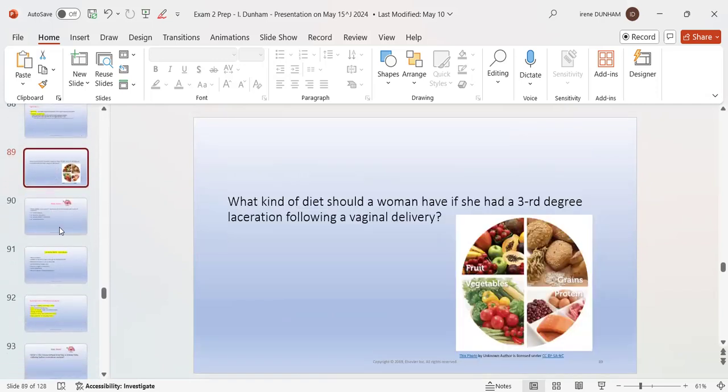All right. Here, they always like to put in a nutrition question. So what kind of diet should a woman have if she has a 3rd-degree episiotomy laceration following a vaginal delivery? High fiber. Yeah. High fiber, right? Fruits and vegetables.